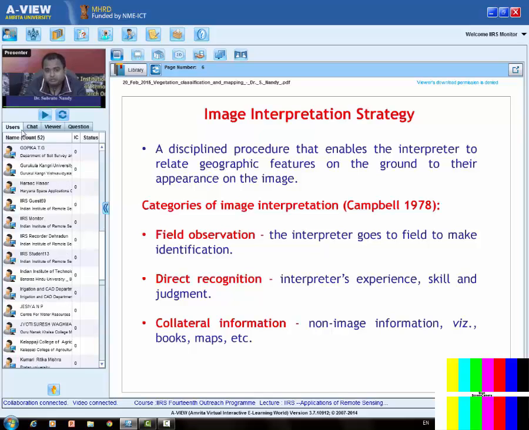But field observation is very much essential for image interpretation, or I should say identifying different objects. Then collateral information, like non-image information, from books, maps, we get many collateral information which helps us to identify or interpret an image, identify an object in an image.